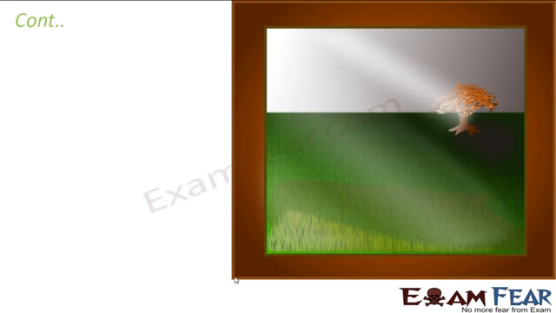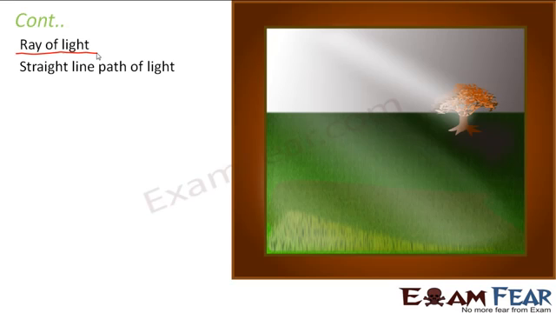So now let us talk about light rays and light beam, because that is what we will be using on and off in this entire lesson. So what is a ray of light? As we go ahead with the lesson, everywhere I'll be saying a ray is falling here, rays are falling there. So what is a ray of light? It is the straight line path of light. Since light travels along a straight line, just to denote the direction in which light is falling, it is generally denoted by rays.